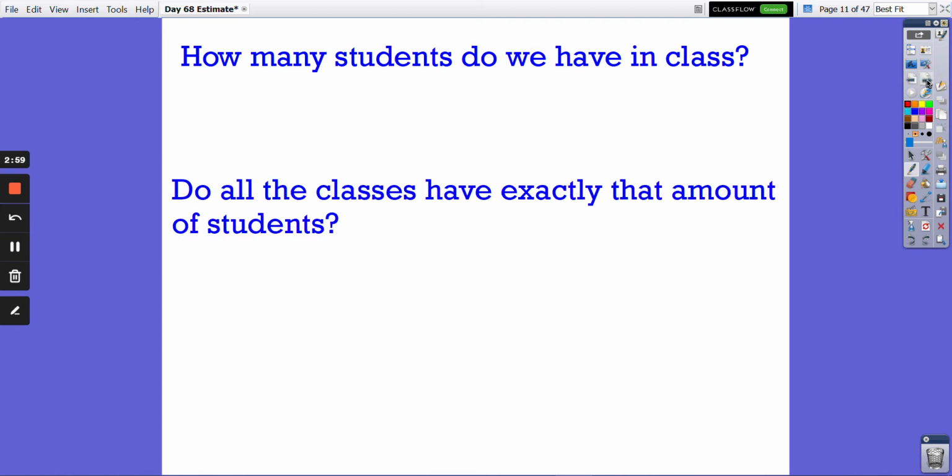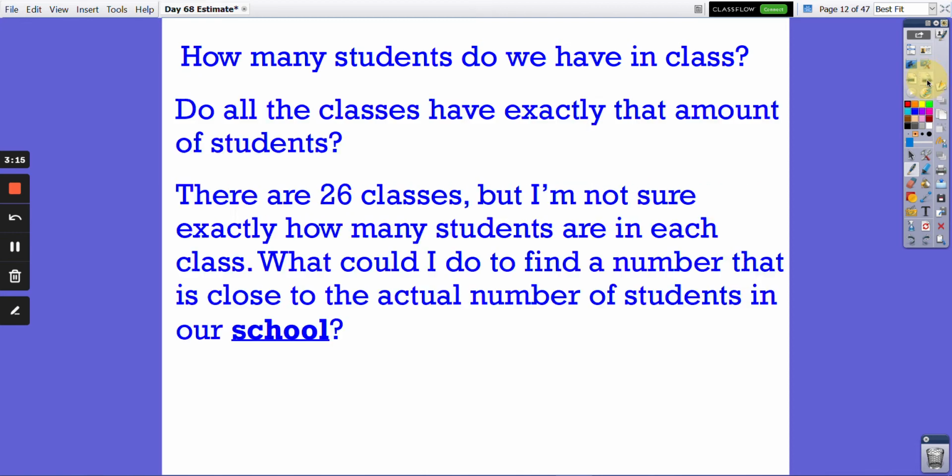Do all the classes have exactly the same amount of students? No, they do not. Some classes have 37, some might even have 32. If you go in the primary grades, they have at most 27, so it's very different, right? There are 26 classes, but I'm not sure exactly how many students are in each class.